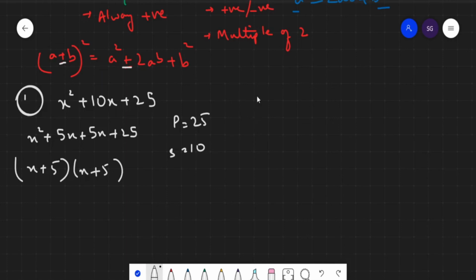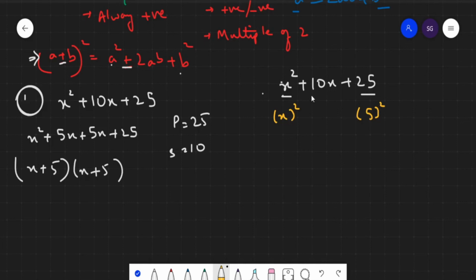explaining this. So we have x squared plus 10x plus 25. Now according to this observation, we have two square terms. So can I manage two square terms here? Yes, I can. I can write x squared as the square of x and 25 as the square of 5.